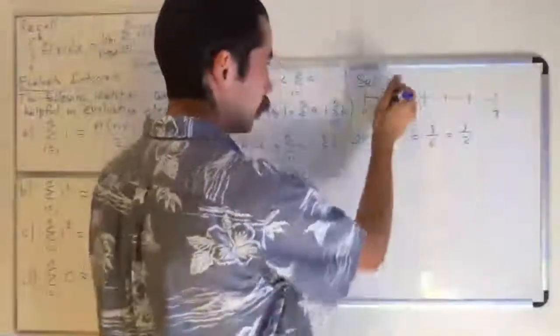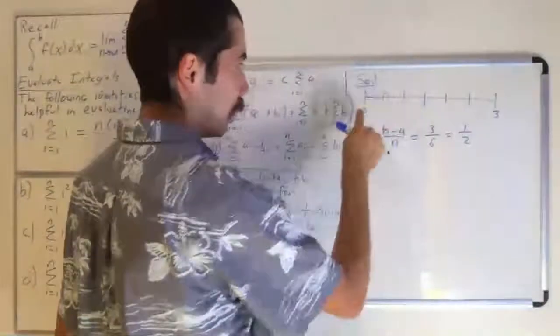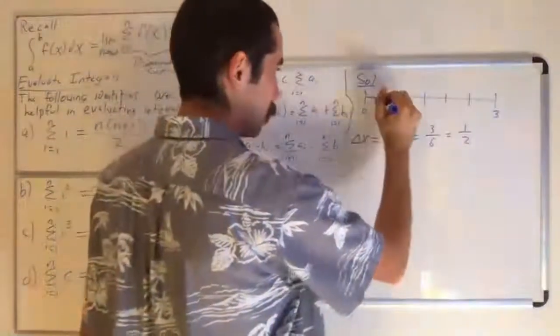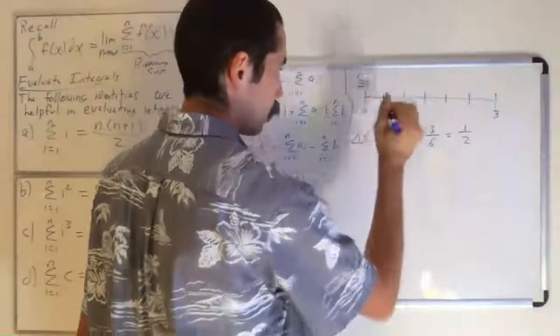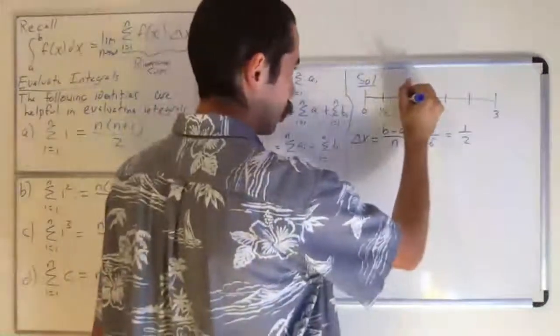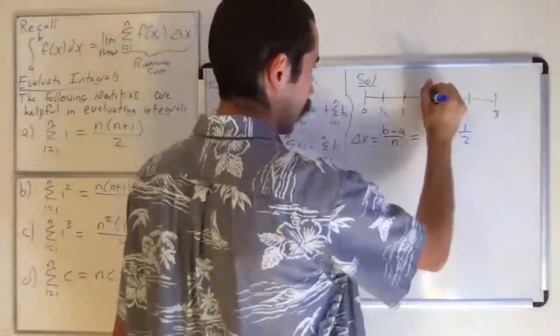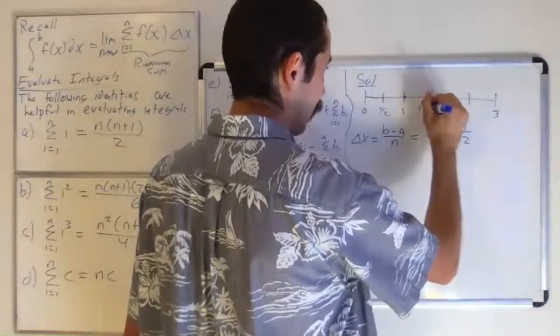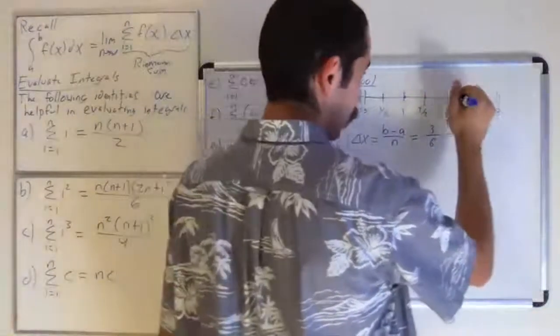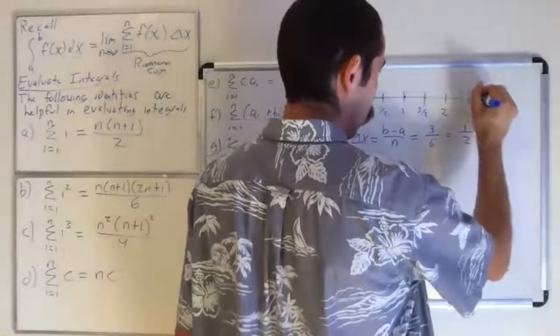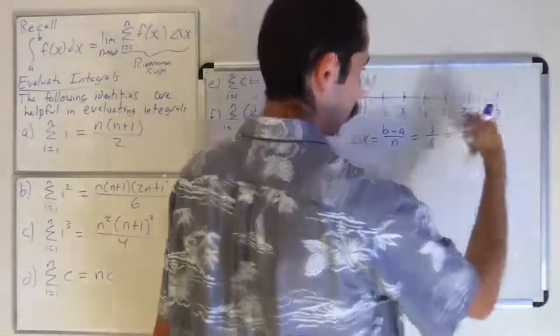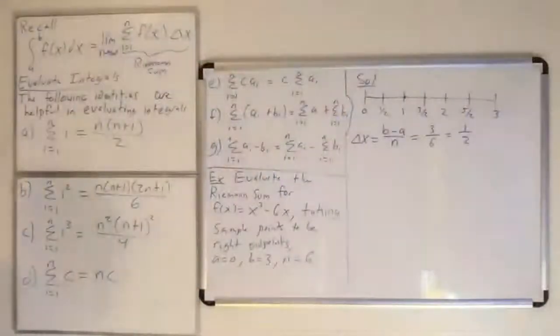So this first endpoint is at location 0 plus 1/2, which is 1/2. The next one is 1. The next one is 3/2. The next one is 2, 5/2, 3.